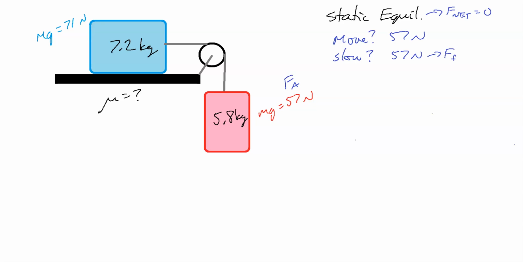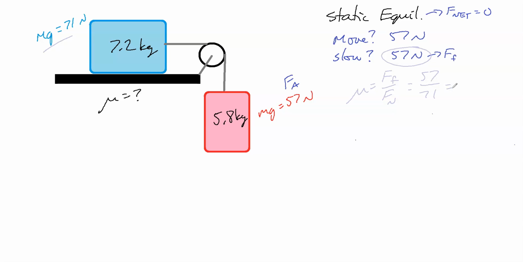So if I use that idea, coefficient of friction is FF over Fn. Now I figured out my force of friction's got to be 57 to cancel out the applied force of 57. My Fn, well, that would actually be this right there. That'd be my 71 because it's the blue box that actually has the normal force and is causing the friction. So I'm going to use that 71.